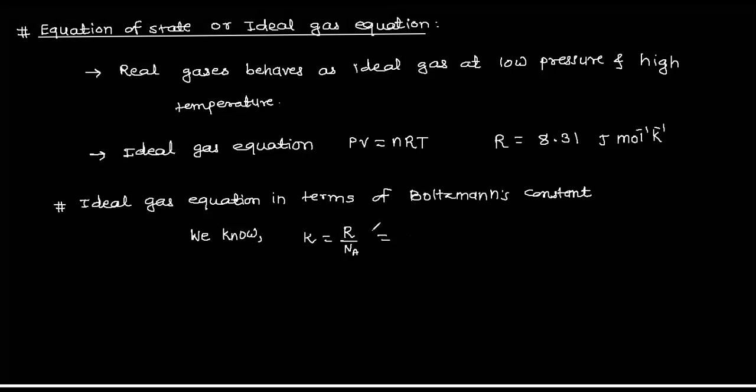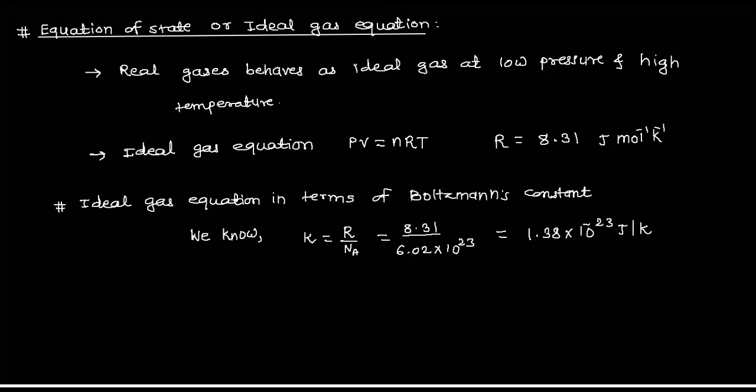If I substitute the R value, 8.31 divided by Na, where Na is Avogadro's number, 6.02 into 10 to the power 23, and do this calculation, I get 1.38 into 10 to the power minus 23 joule per Kelvin.